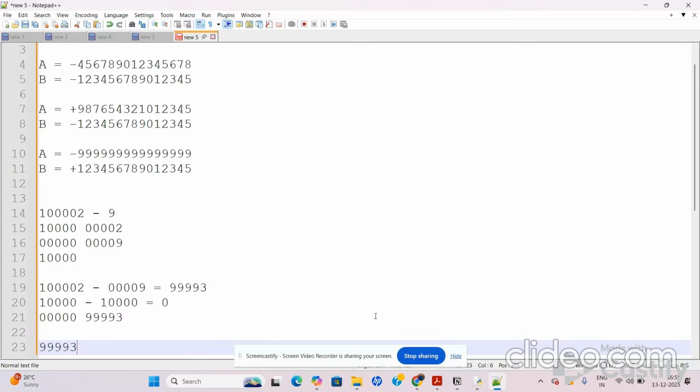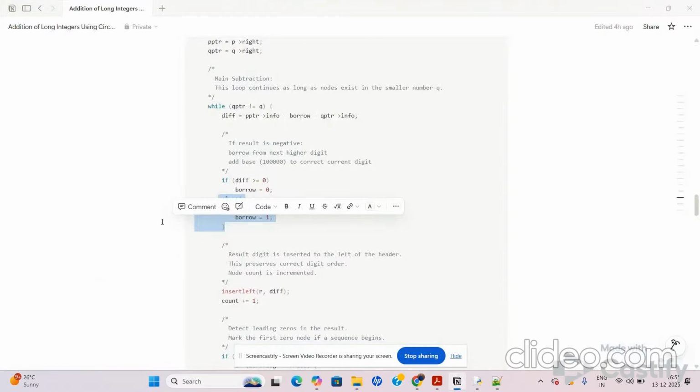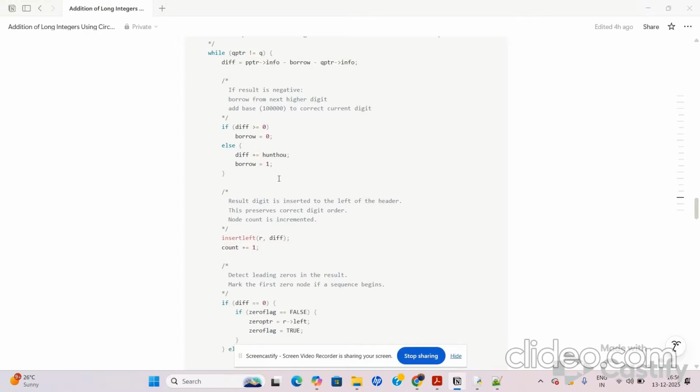Okay, so this logic is in the else part. So if the difference is already greater than or equal to 0, then you are going to reset the borrow to 0. So that's not a problem. Okay, and whatever resultant digit group you get, it's inserted to the left side of the header. Okay, so this way you preserve the correct digit order, and that's why we have an insert left function.